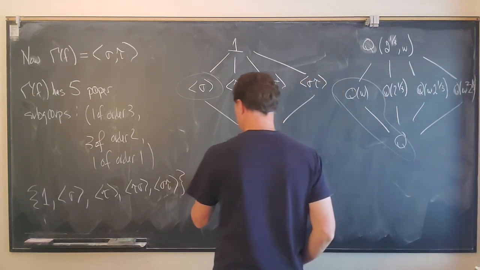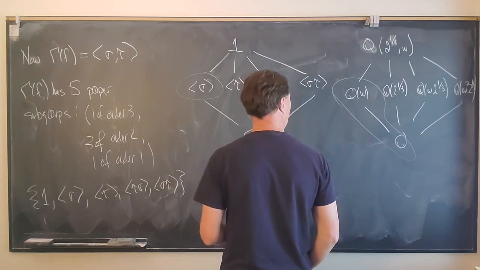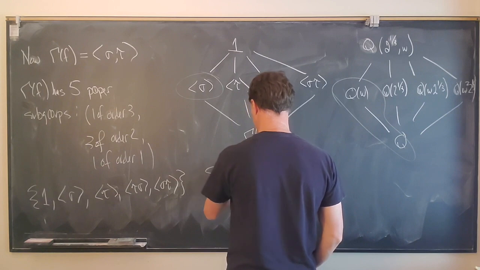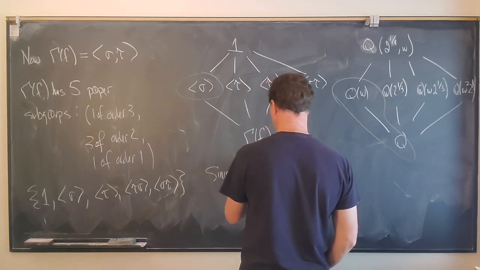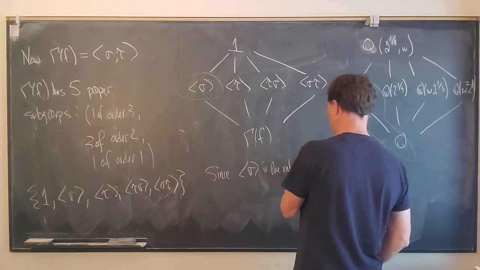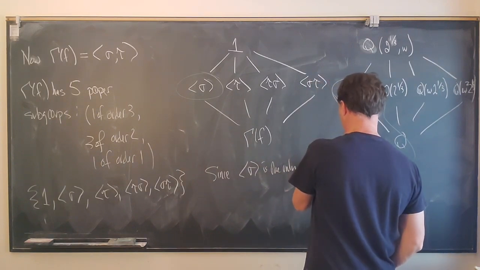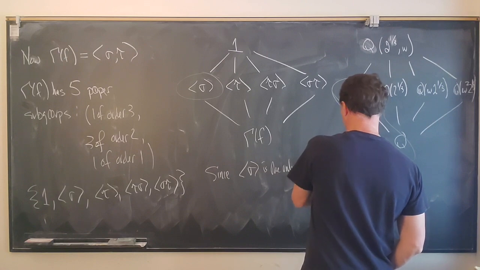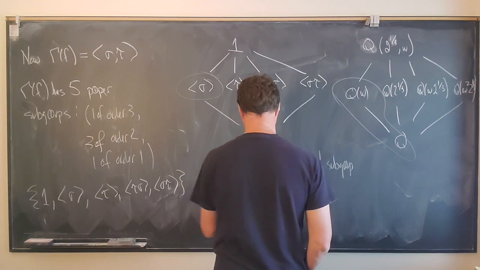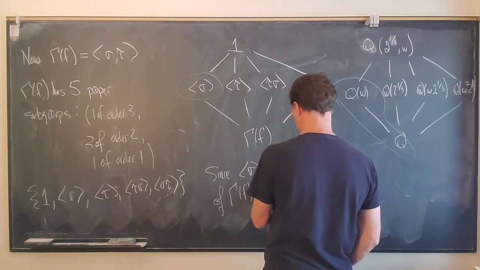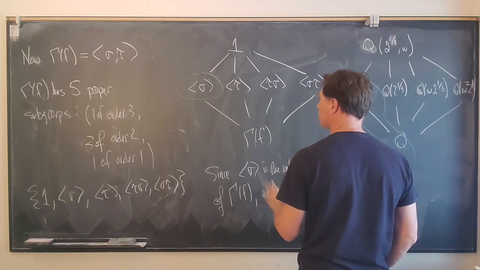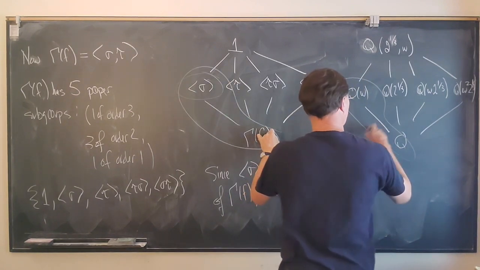So we can say it like this. Since the subgroup generated by sigma is the only normal subgroup of Gamma of F, this is the only normal one, so that's the only normal extension.